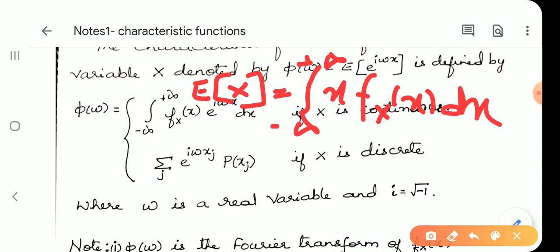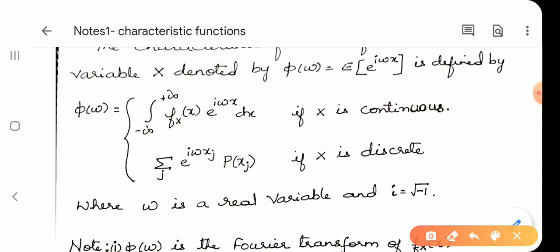If I compare, in the place of x we have here e to the power i omega x. Therefore, phi of omega becomes the integral from minus infinity to plus infinity of f_X of x into e to the power i omega x dx when X is a continuous random variable.